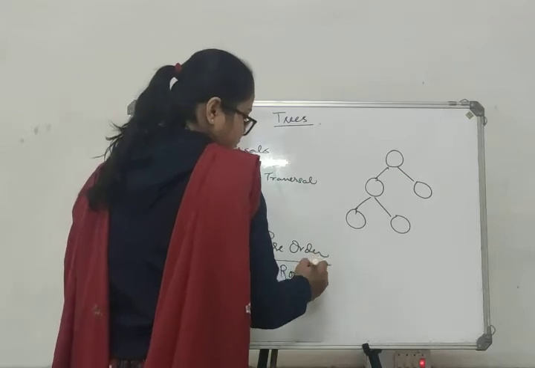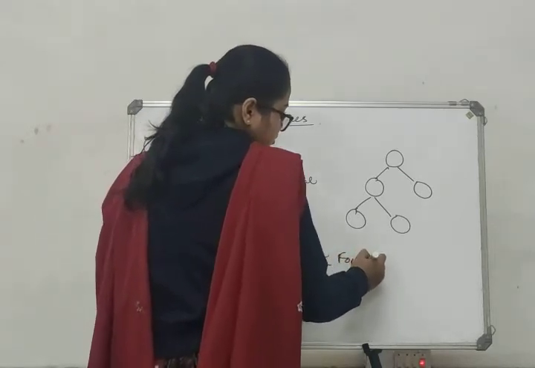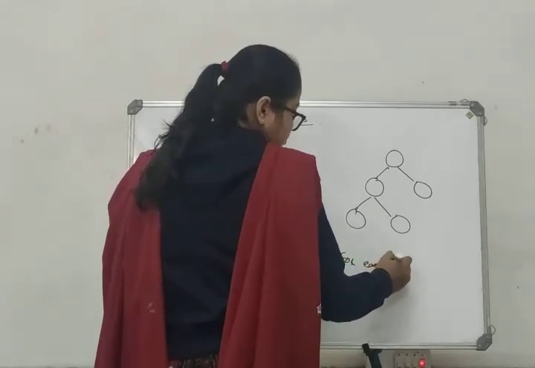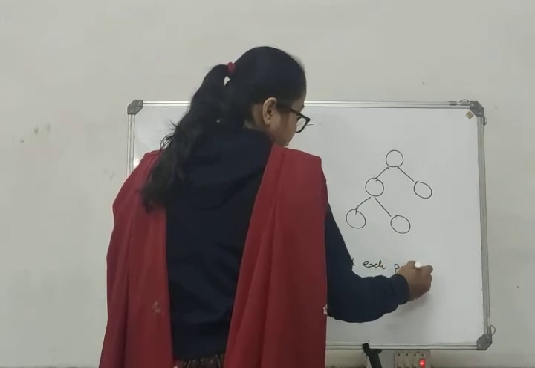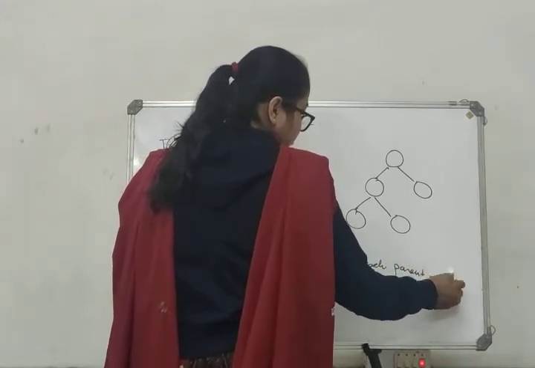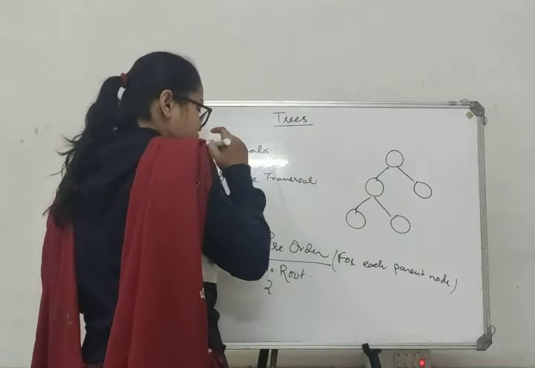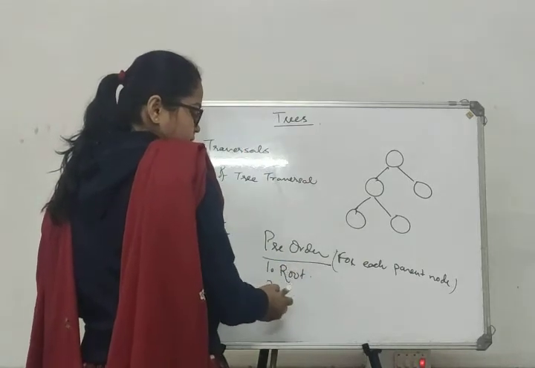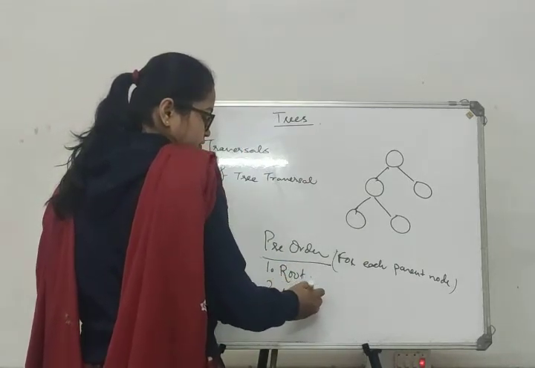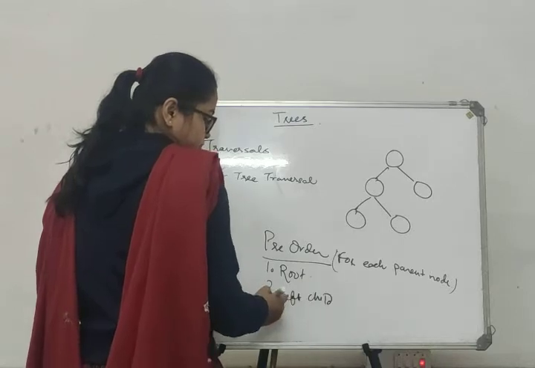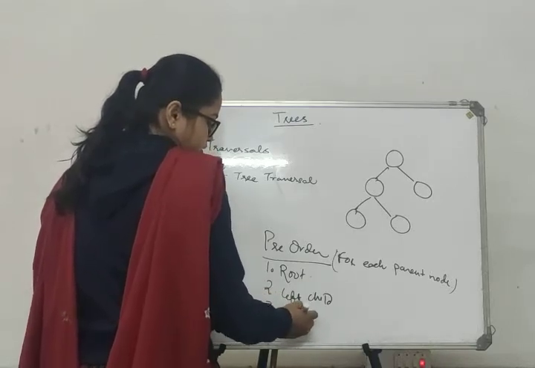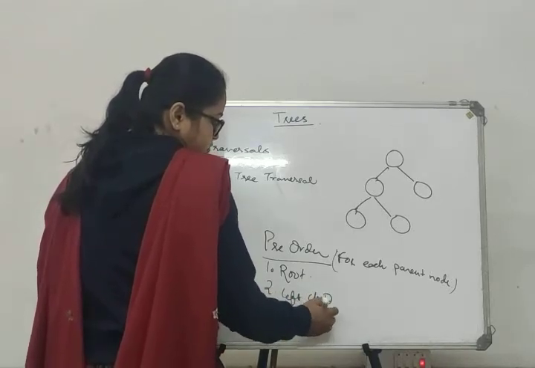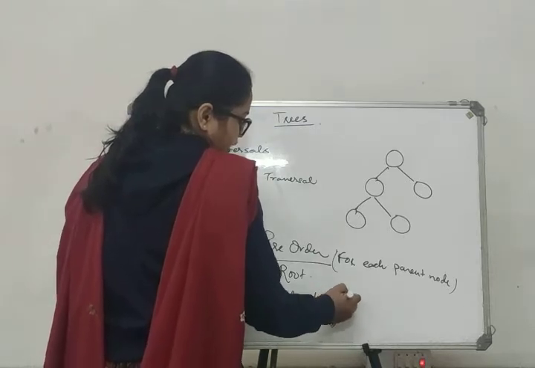For each tree, for each parent node, visit the root, then the left child, then the right child or right subtree.